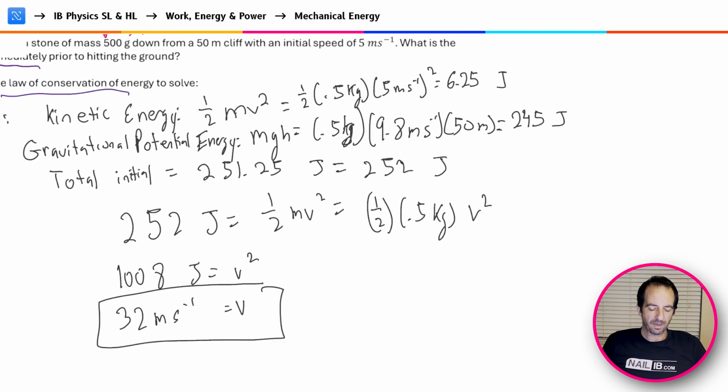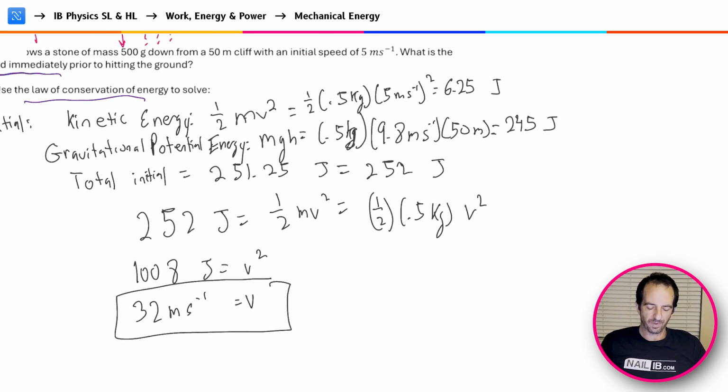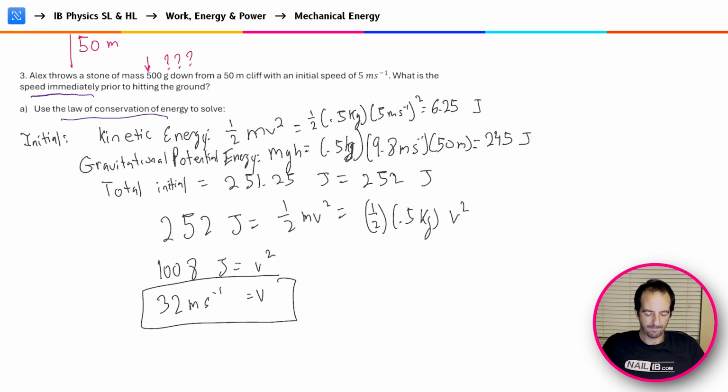So based on the law of conservation of energy, we figured out what the initial total energy was, which was 252 joules. And then we said that at the final stage, the point that we were looking for right before the stone hits the ground, 252 joules must equal the total kinetic energy, 1/2 mv squared. We solved for v, which is 32 meters per second.